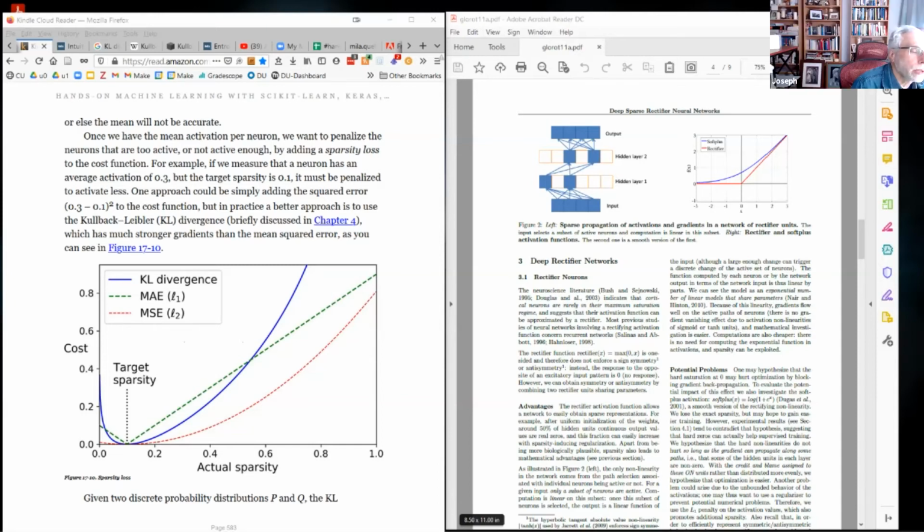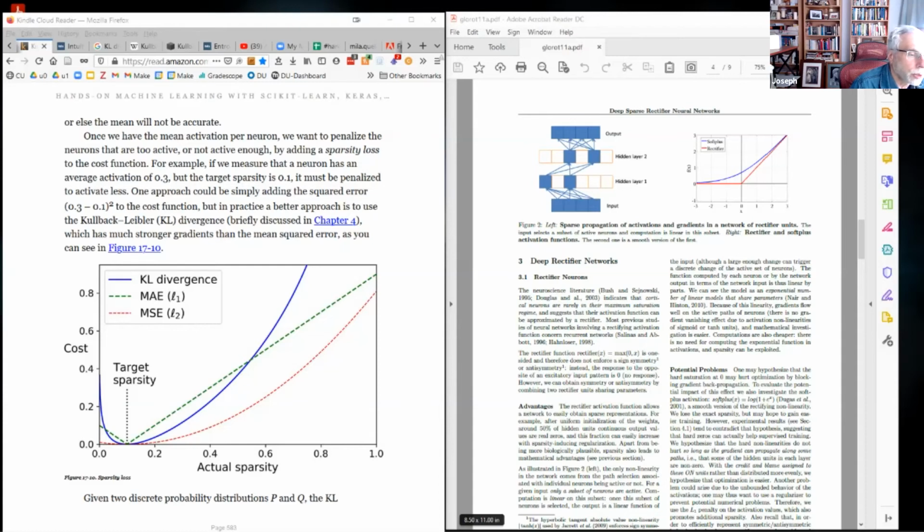Okay, the red is the mean squared error, right? Right. The blue is the KL divergence, and he's basically just saying that the KL divergence is steeper. It's got a steeper slope than the mean squared error, which means it's penalizing sparsity much more strongly. So for example, if you have a sparsity of 0.4, the mean squared error only penalizes it by this much, but the KL divergence penalizes it by this much.